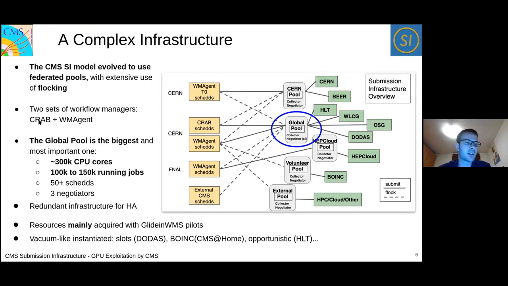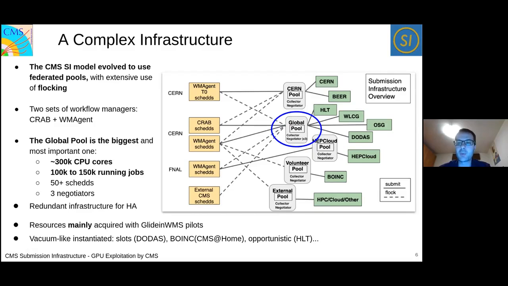One is CRAB, which is used by individual physicists, more than 400 physicists, and one is WMAgent, which is the tool used for the central processing. We have around 50 schedulers and a redundant high availability infrastructure where all the central components, like the 3 negotiators that we run for the global pool, are replicated at Fermilab.